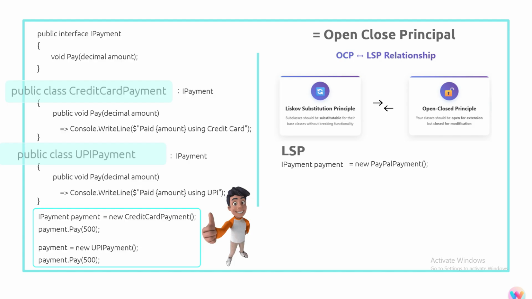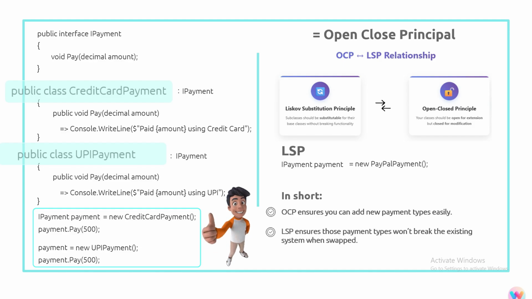So OCP focuses on how you add new classes, while LSP focuses on how those new classes behave once added. In short, OCP ensures you can add new payment types easily, and LSP ensures those payment types won't break the existing system when swapped. I hope it's clear what's the purpose of LSP.